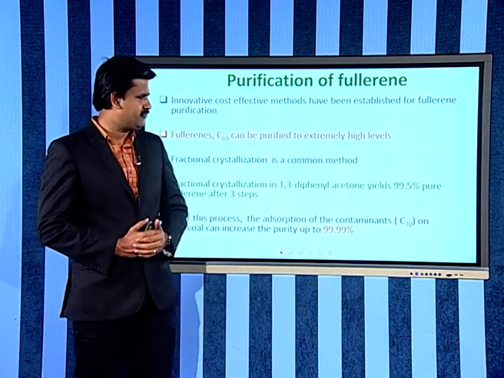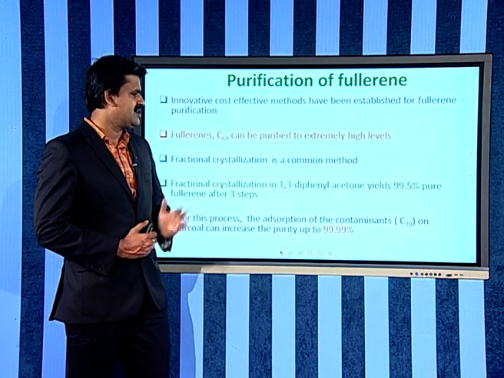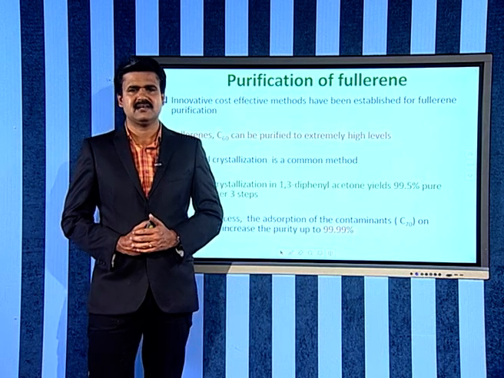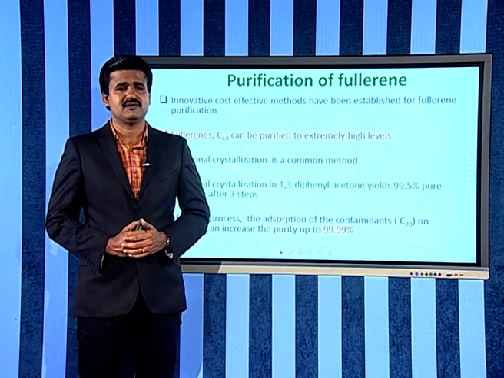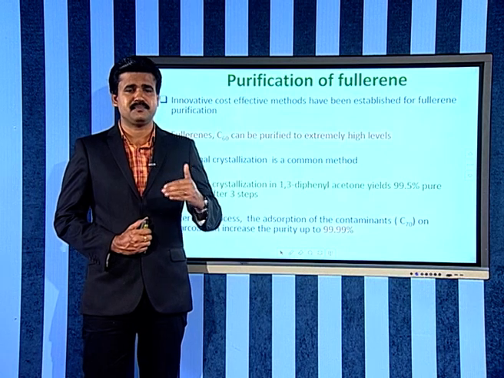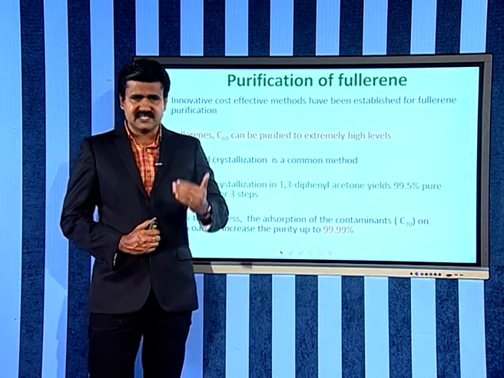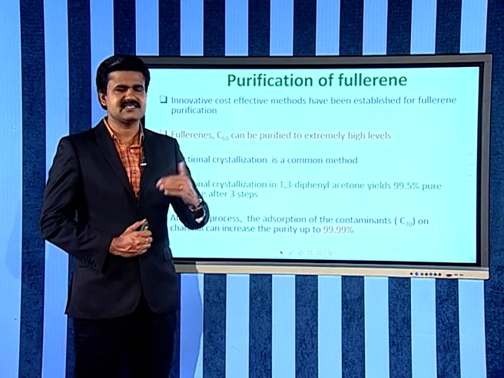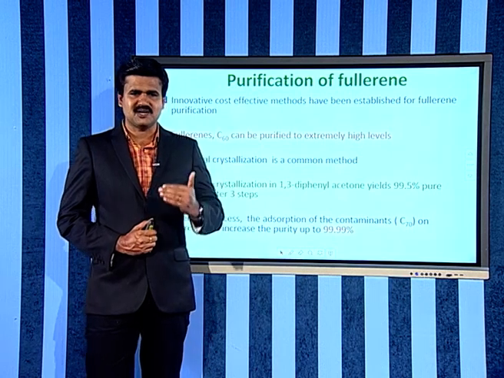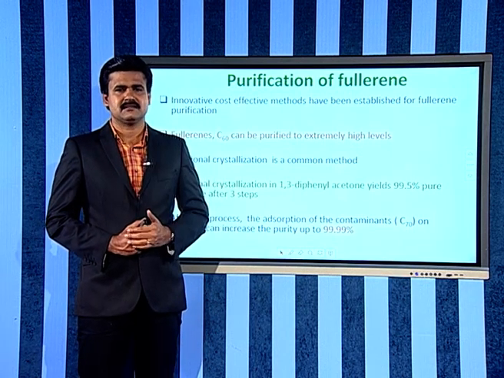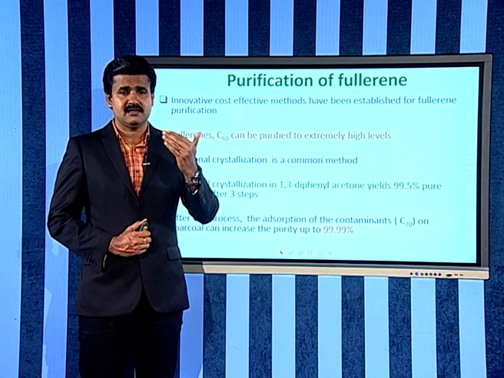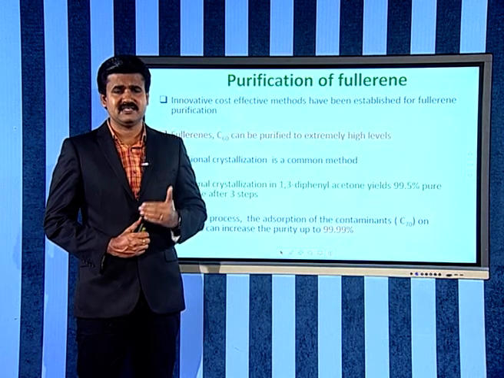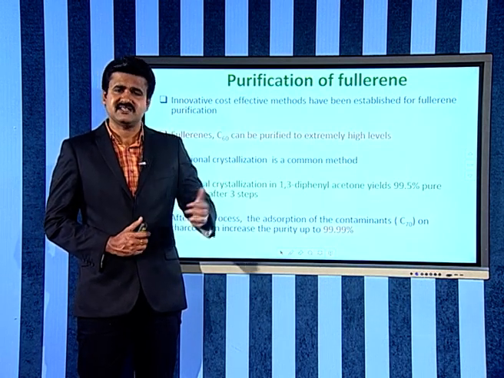Fractional crystallization of fullerene in 1,3-diphenyl acetone solvent yields 99.5% pure fullerene after a 3-step process. After these 3 steps, the adsorption of contaminants like C70 on charcoal can increase the purity to higher levels, that is, purity of 99.99% can be attained.